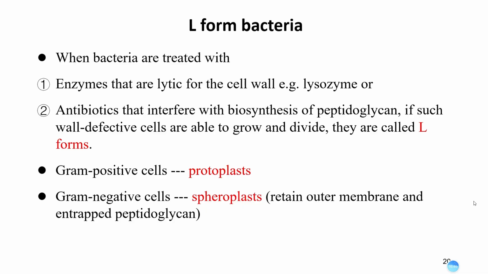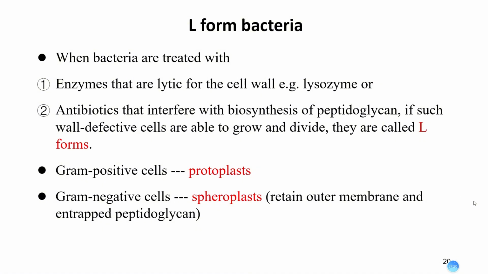Okay, just now we introduced the first important essential structure, the cell wall of the bacterial cell. Sometimes the bacteria, when they are treated with some enzyme or some medicine such as antibiotics, or they can spontaneously change themselves, get rid of their own cell wall.